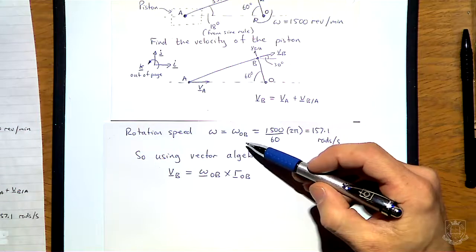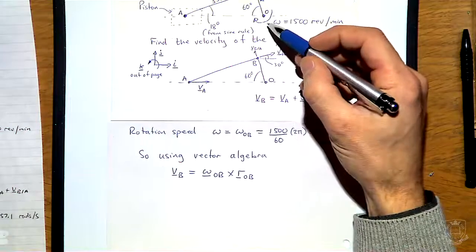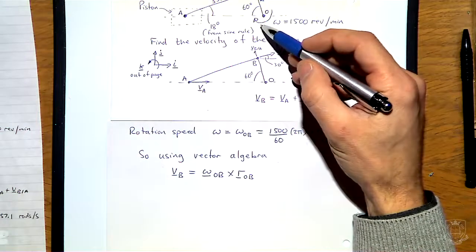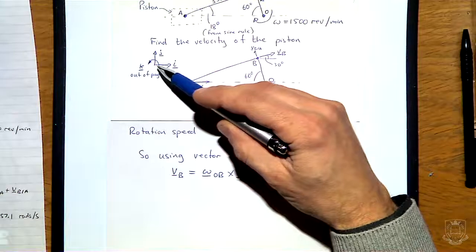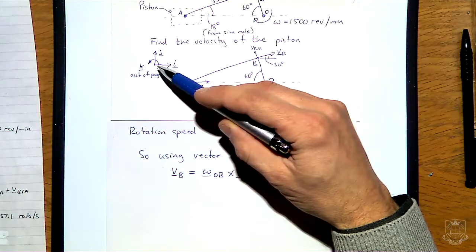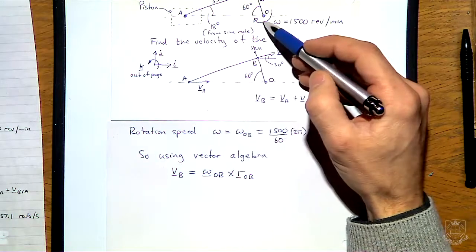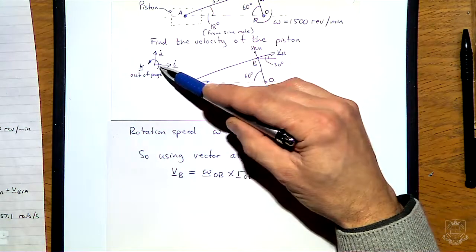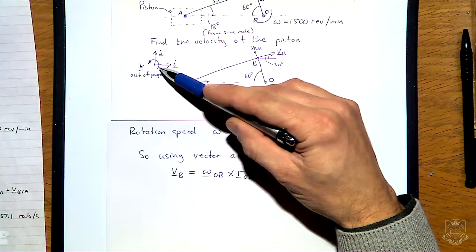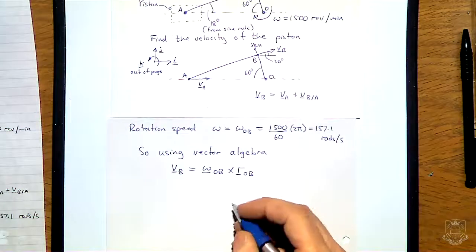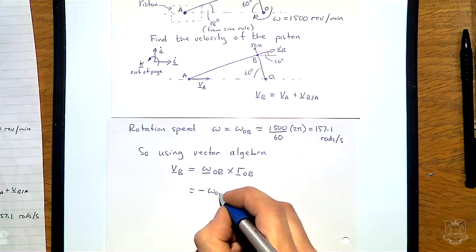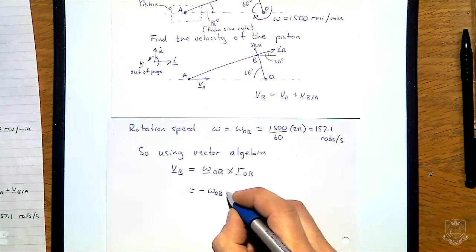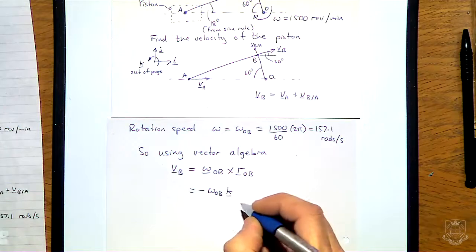And to do that, what we have to notice is that what's given to us is a direction and a magnitude. How does that relate to our rotation around the k-axis? Well, the direction is opposite to our positive convention. So it's going to be equal to minus the scalar omega OB times the k vector.